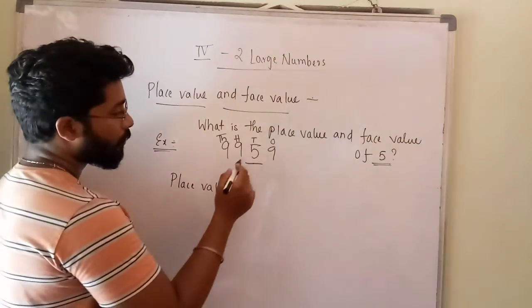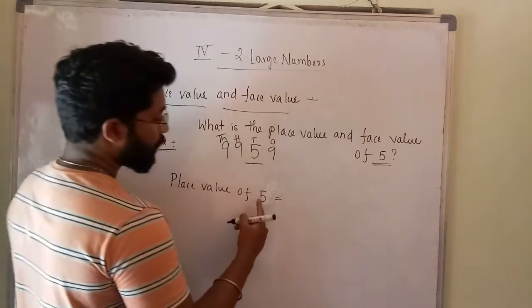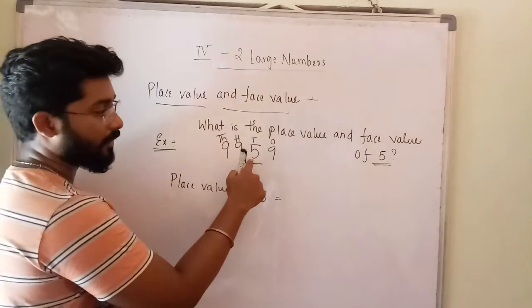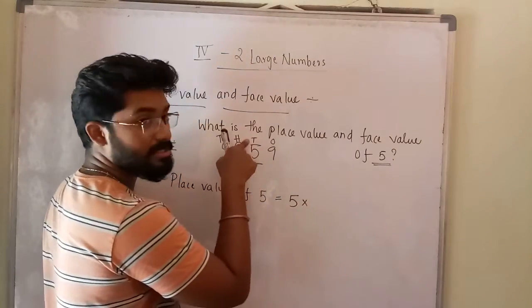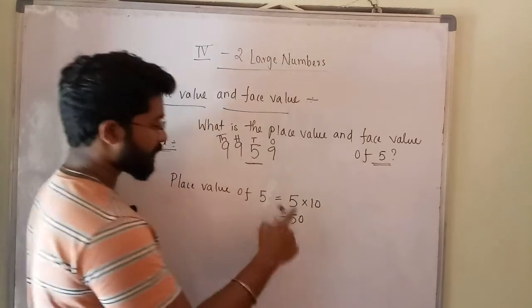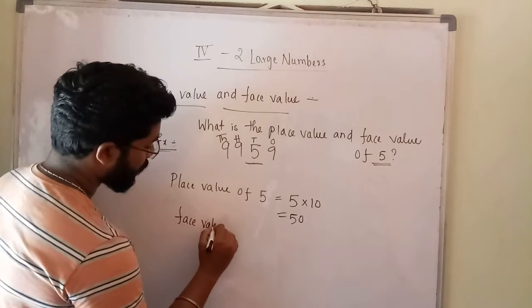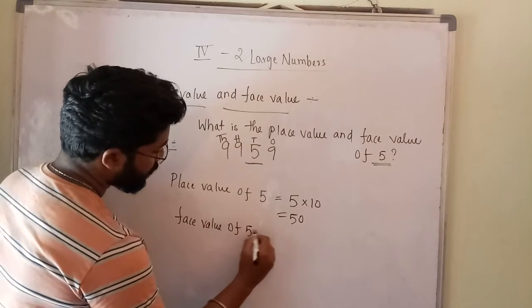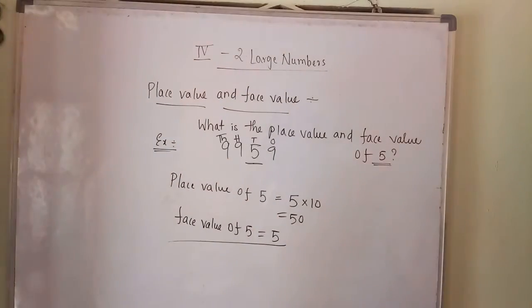Place value of 5: 5 is the digit, into which place is it? It is in the tens place. So 50 is the place value of 5. Next, the face value of 5 is 5 only. The face value of a digit is that digit itself.